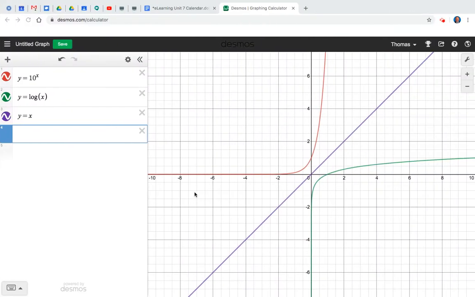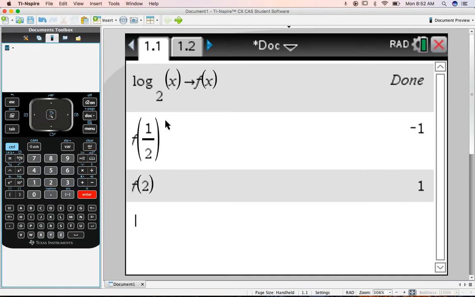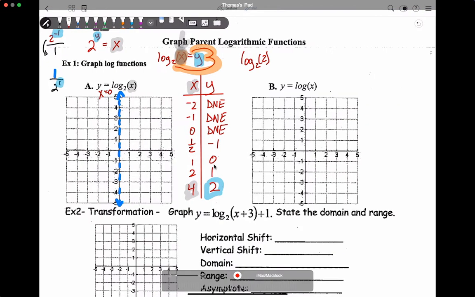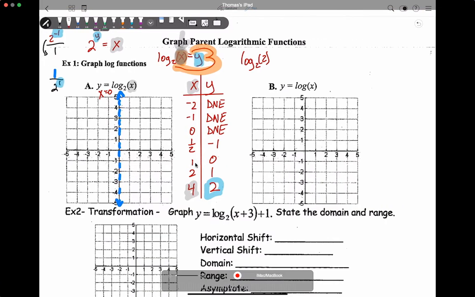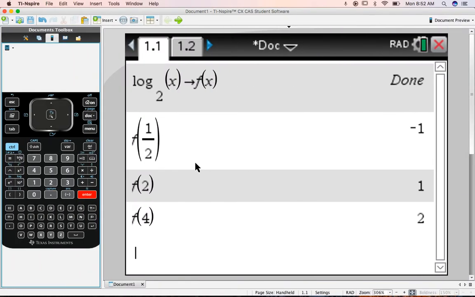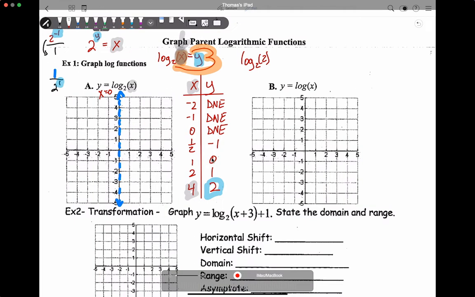Let's go ahead and put them in the calculator: f of 1/2, f of 2, f of 4. And notice we got -1, which is right here, and then 1 and 2, which are here. The only one I haven't done yet is the value at x equal to 1. So what would f of 1 be? And you see that we get 0, just like it was verified here.